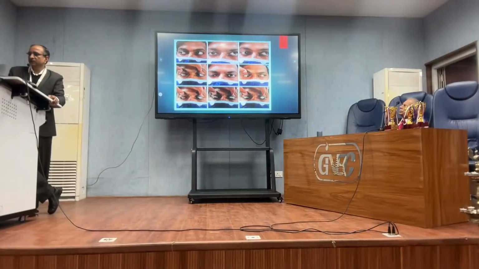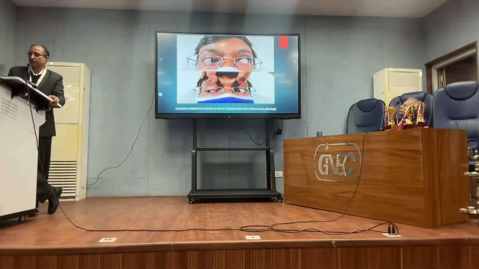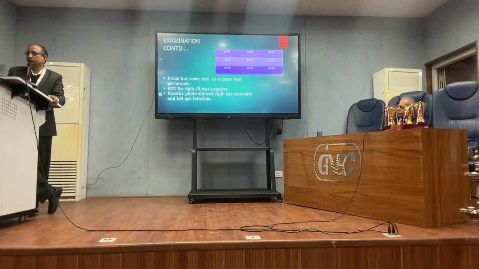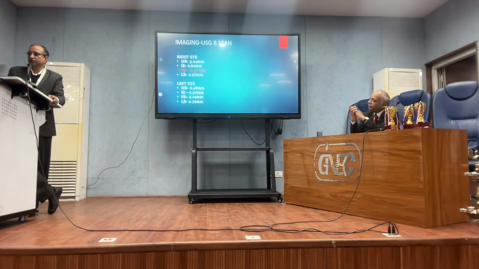This is the clinical photograph. These are the examination findings. There was localized congestion present at the site of tendon insertion, so probably it is an inflammatory pathology. This is the diplopia charting.